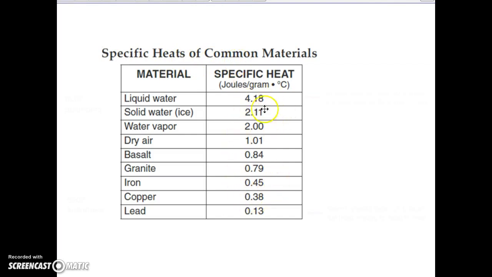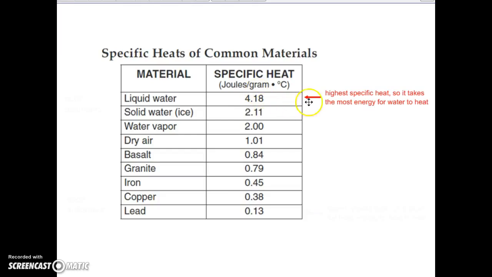This tells you how many joules of energy are needed to raise 1 gram of the material 1 degree Celsius warmer. Okay, so when we look at the chart, we notice that liquid water has the highest specific heat. Liquid water needs 4.18 joules of energy to make 1 gram of water go up by 1 degree Celsius.